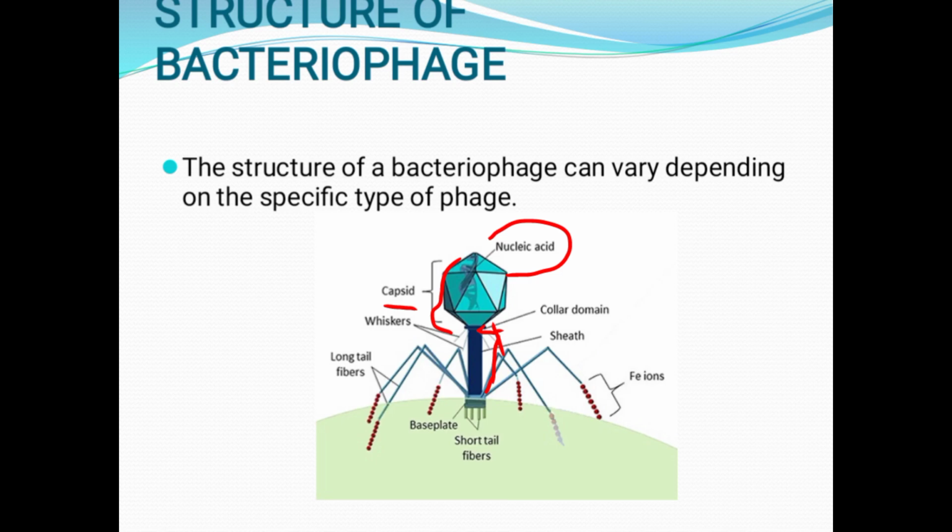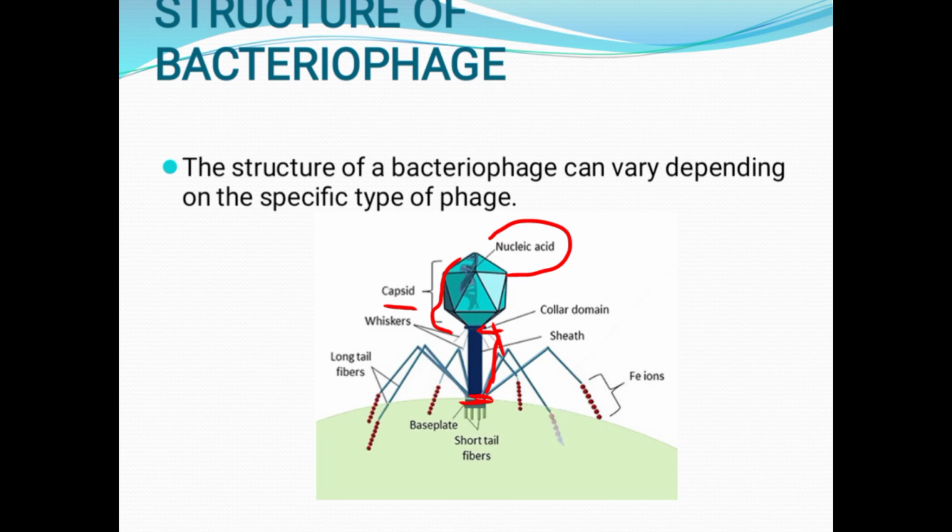Then from there we have what is called the base plate. The base plate is just the lower part of the tail. As you can see, it is in this lower part. This is called the base plate.